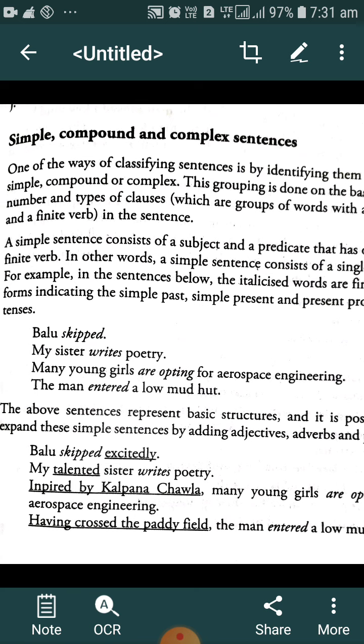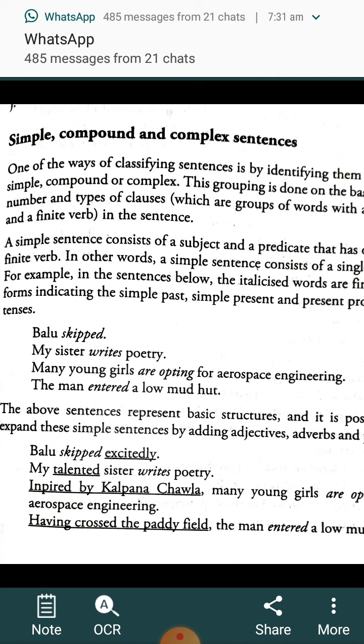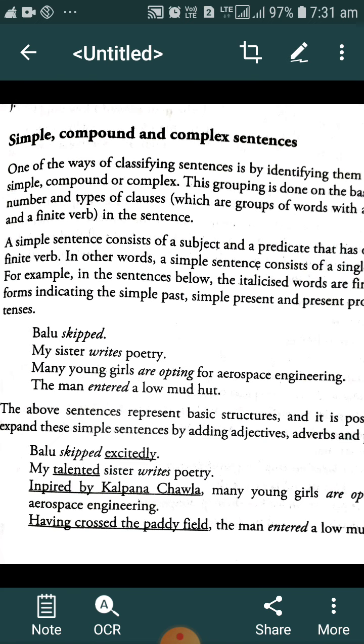A simple sentence consists of a subject. Subject means, you know very well, the doer of the action, the performer of the action, and the predicate is what that subject does with the help of a verb. The predicate has only one finite verb.